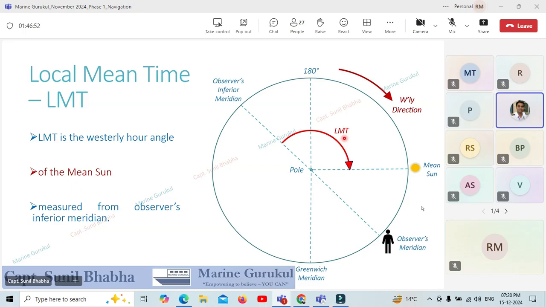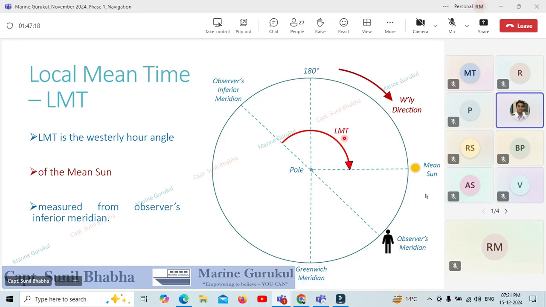This can be denoted in an angular unit, that is degrees and minutes, but the normal mode in which we denote the time is in hours, minutes and seconds. How to convert the angular unit to hour unit? We know 15 degrees of angle is equal to 1 hour. How did we get this conversion figure? We know 360 degrees of meridian.